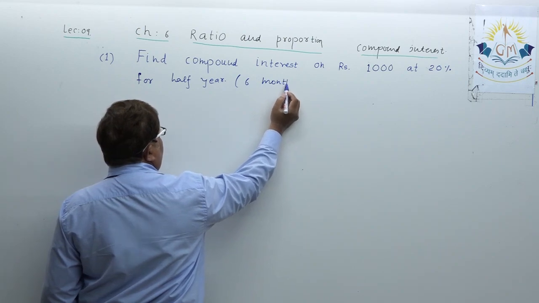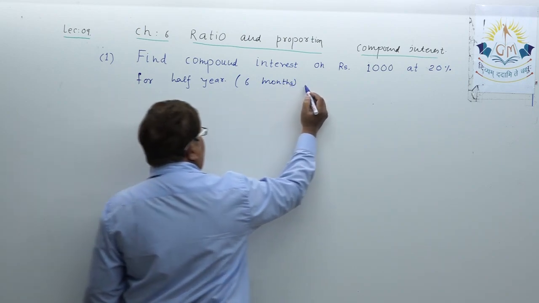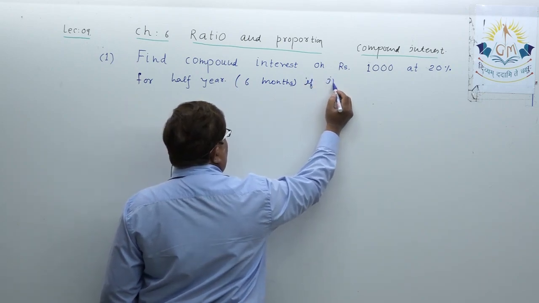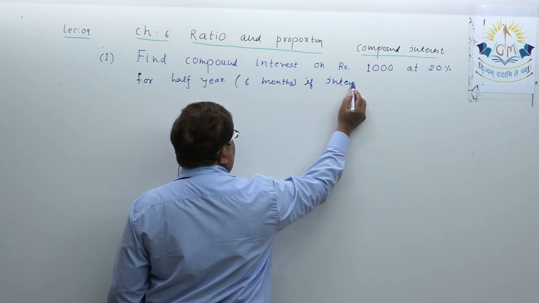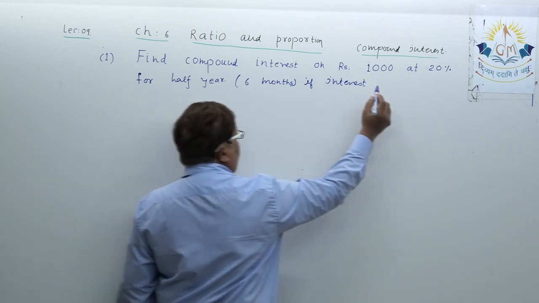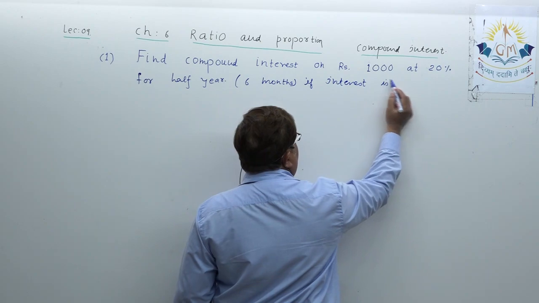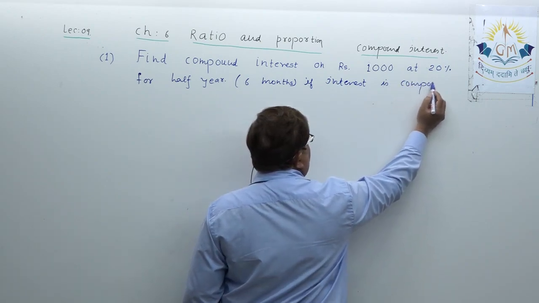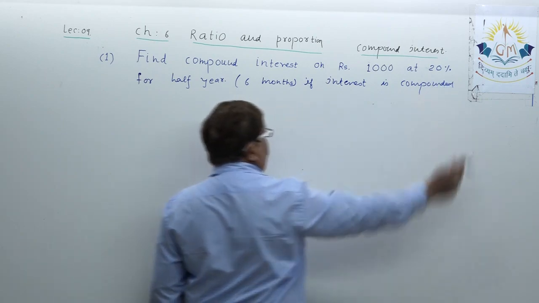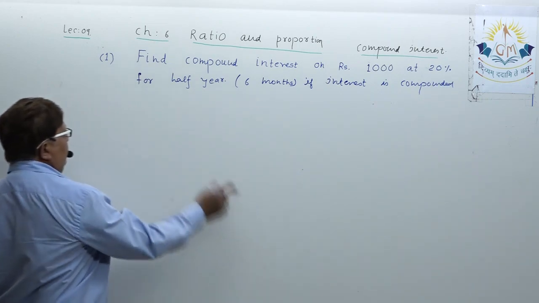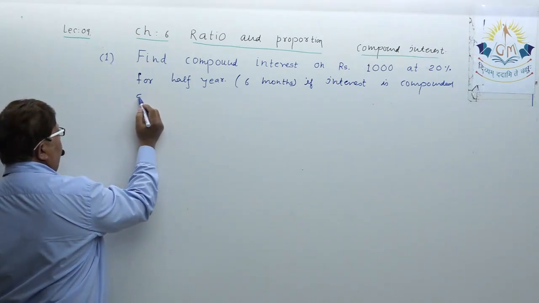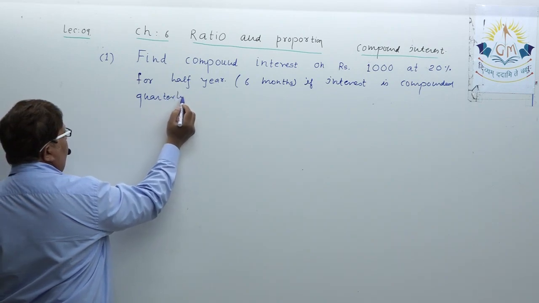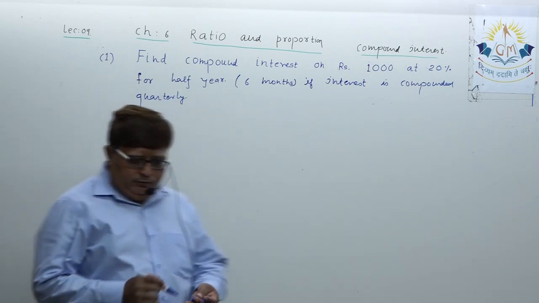You can understand it quite clearly, but the last caution word: if interest is compounded, this is an important word, quarterly. Okay, dear student, this is the caution word for you.